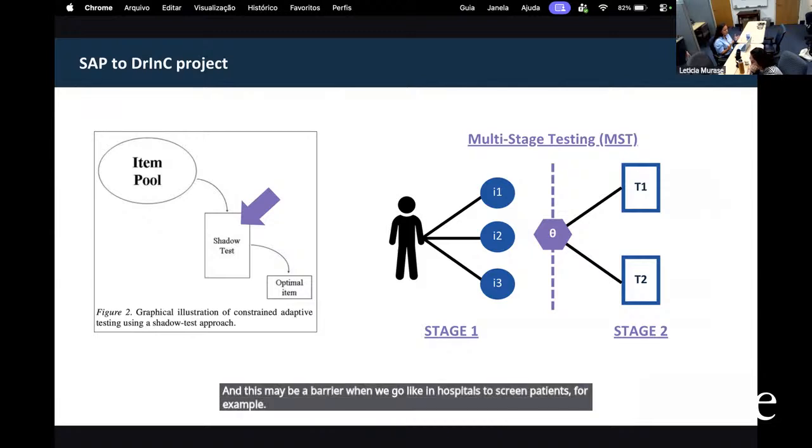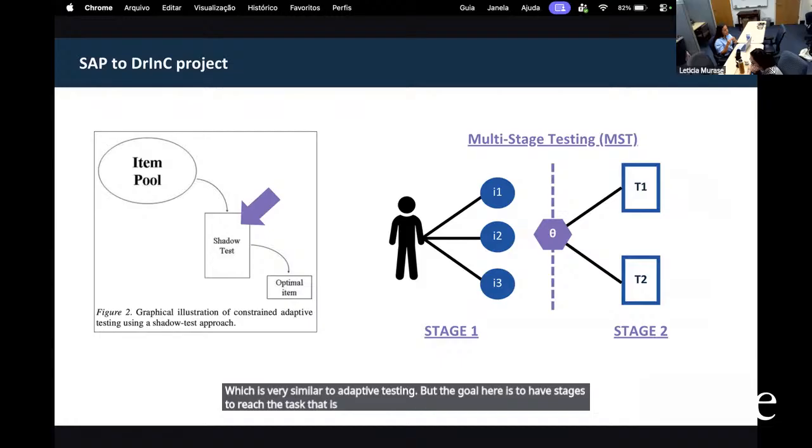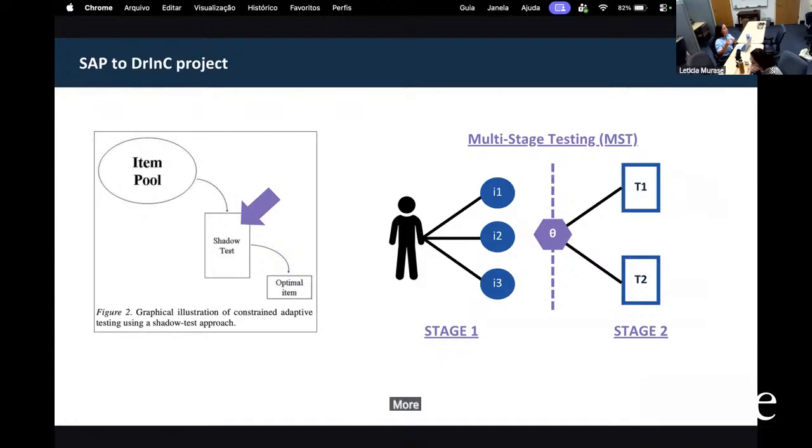So my idea is that maybe we should try multi-stage testing, which is very similar to adaptive testing, but the goal here is to have stages to reach the test that is closer to one's ability.